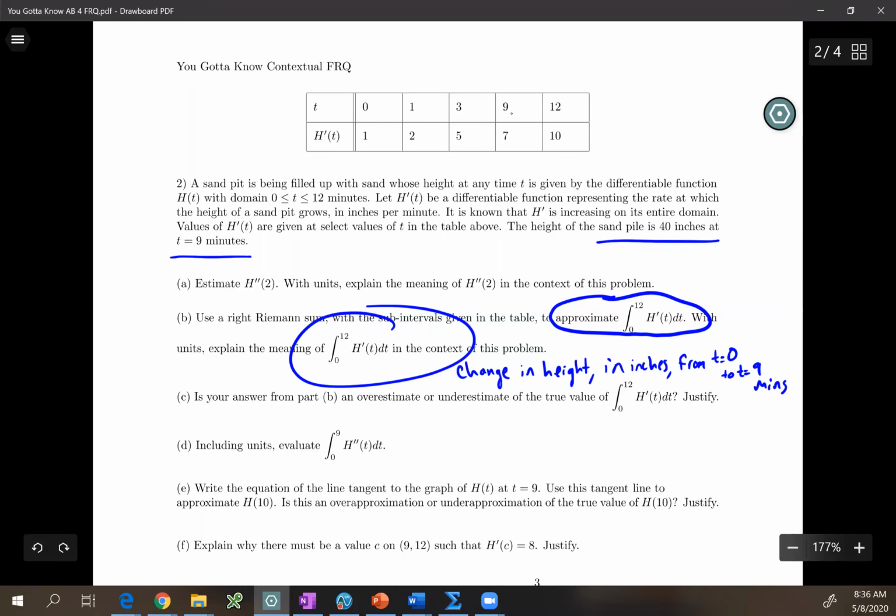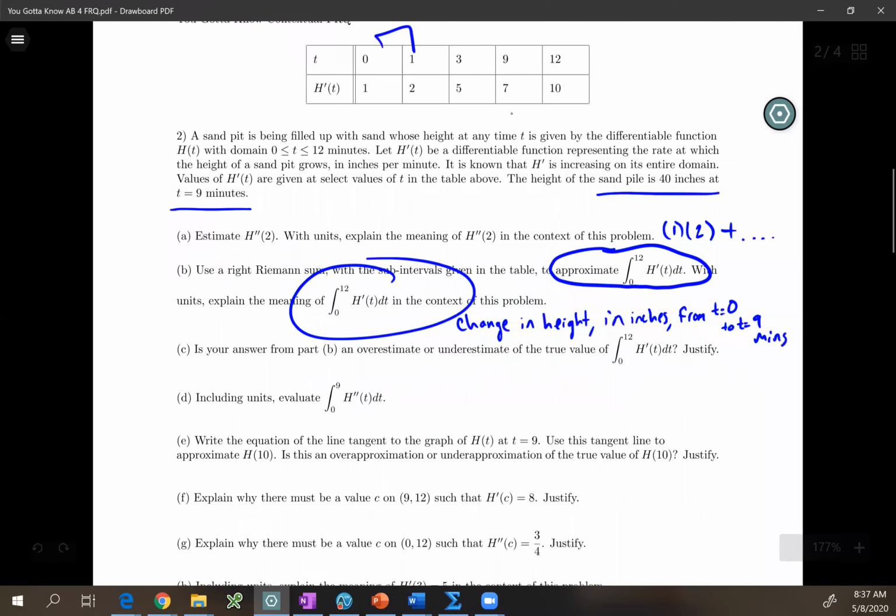So this integral is simply the change. We don't add on the initial, we just start doing a right Riemann sum. So we start with width is 1, right side is 2, plus, I'm going to just put dot, dot, dot. You guys can do that on your own.